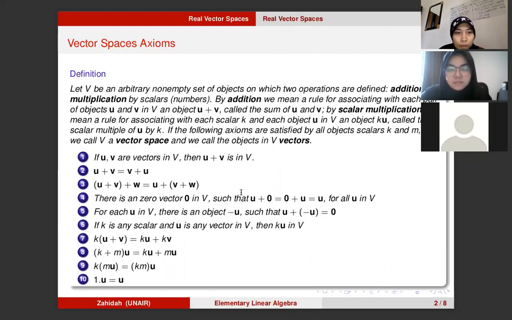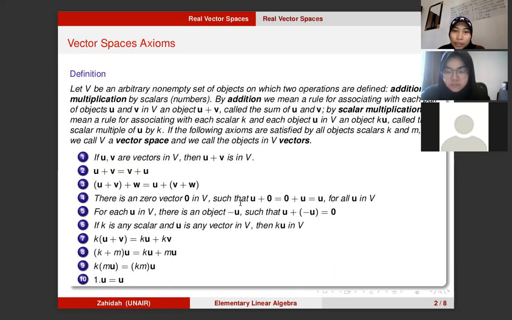And the fourth, there is a zero vector here. The zero vector also depends on each case. Later I will show. Why do we call it the zero vector?